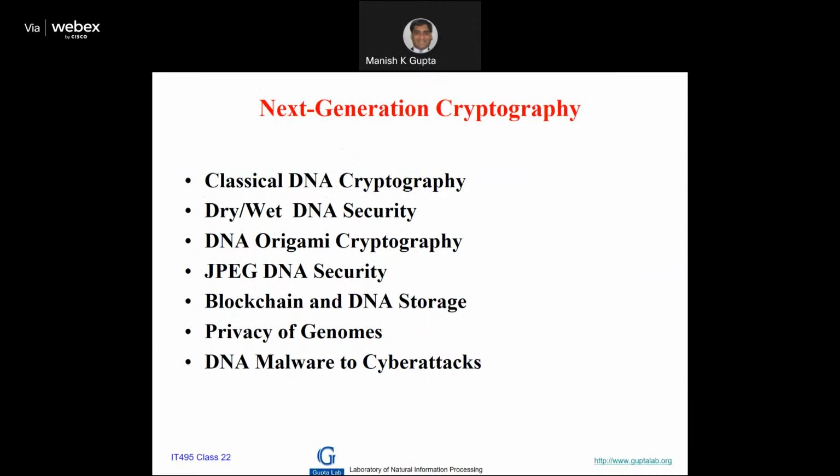That DNA string was converted again into an exe file, which infected the system. So a malware attack on the machine is possible, as they have shown. It's known as a DNA malware attack, basically a cyber attack.